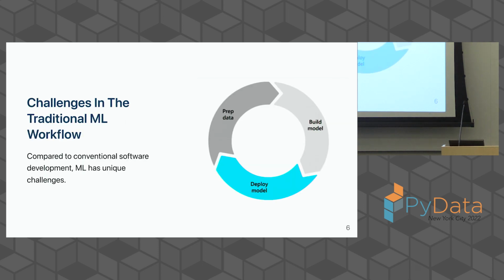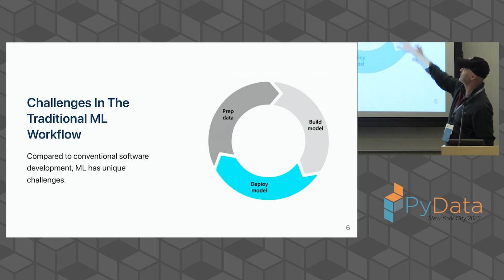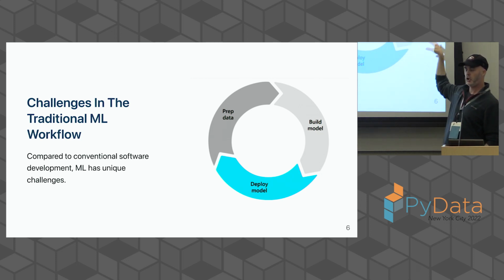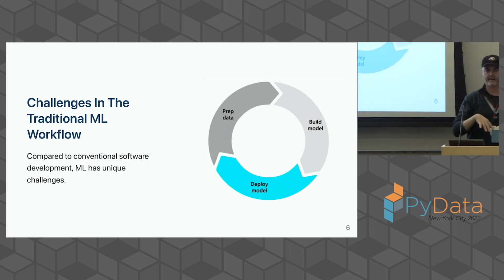Way back, this was all you ever did with ML. You basically get your data, build your model, and then you throw it over the fence. Over the years, we've realized that that's probably not the best idea. And so MLOps has come up as the ultimate answer for everything.